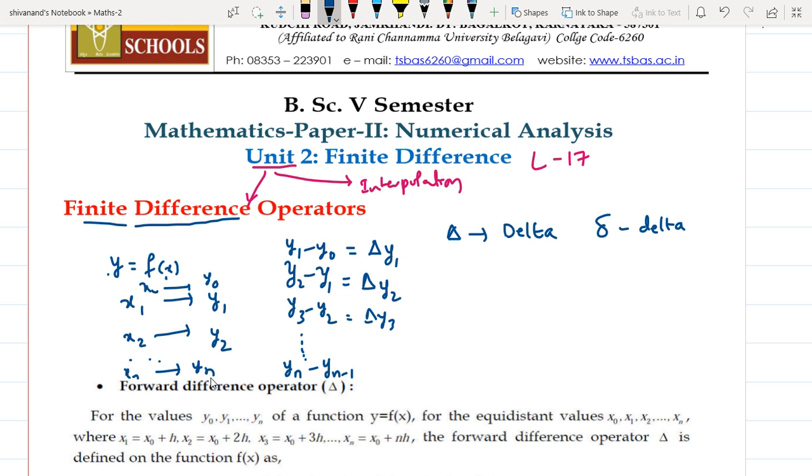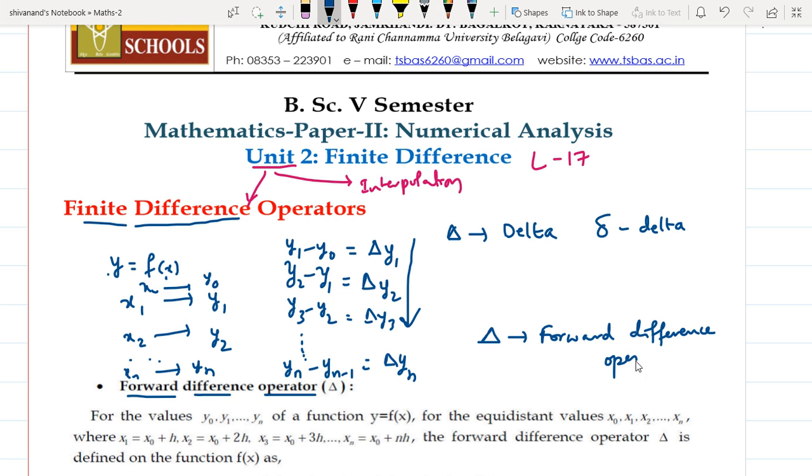So for xn you will be having yn, and yn minus y(n minus 1) is given by delta yn. These are moving forward to yn. Therefore we denote this as the forward difference operator. In this unit 2, whenever you come across this delta, it is nothing but the forward difference operator.